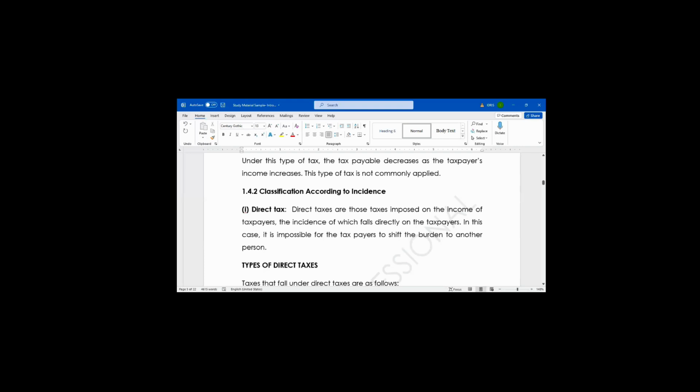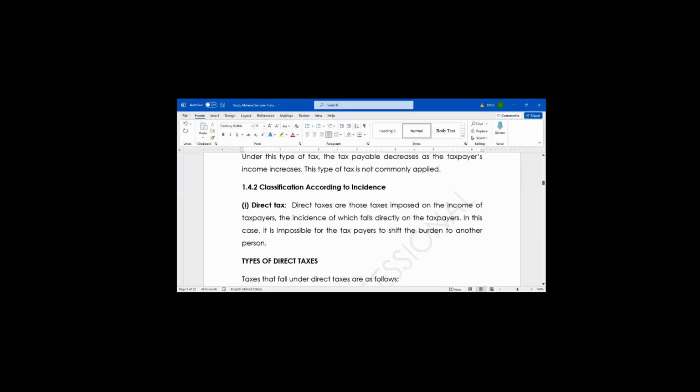Direct taxes are taxes imposed on income or profit derived by individual and company. But indirect taxes are taxes imposed on goods and services. Now, let's talk more on direct tax.